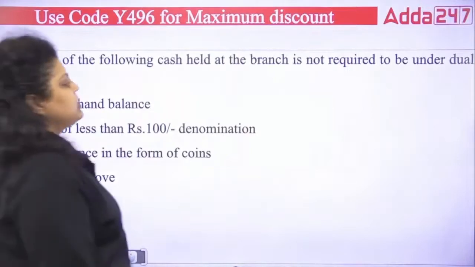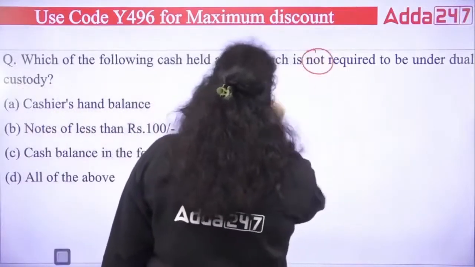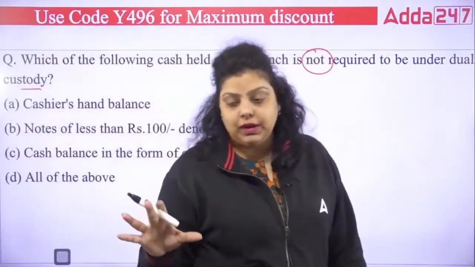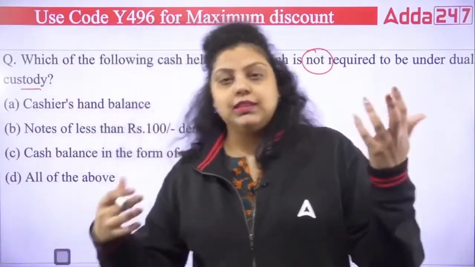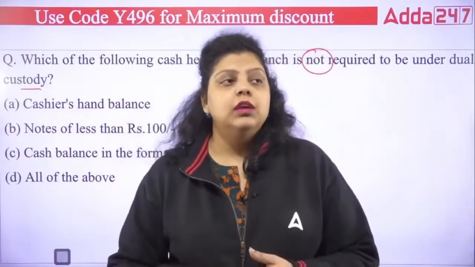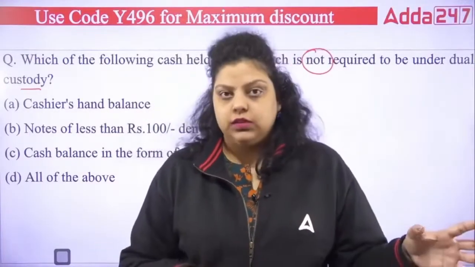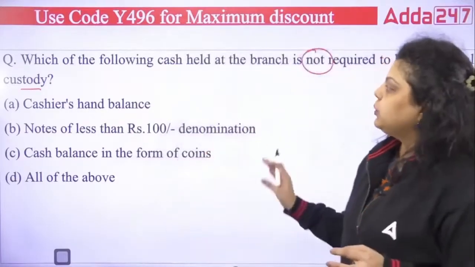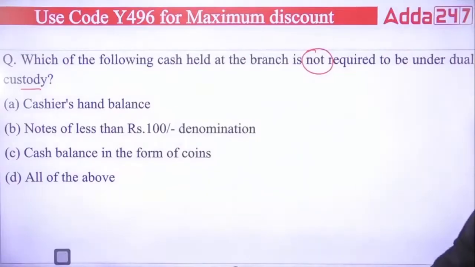Next: which of the following cash held at the branch is not required to be under dual custody? The cash you have in the branch, like your locker facility, your safe custody, any kind of deposits, have dual custody to provide proper security. But which of the following cash available in the branch does not need dual custody?